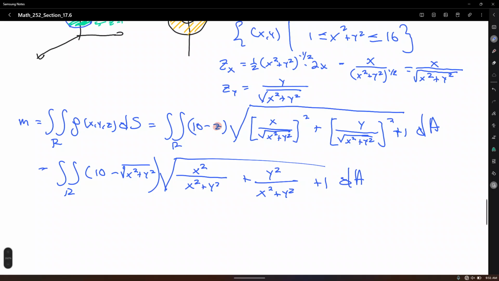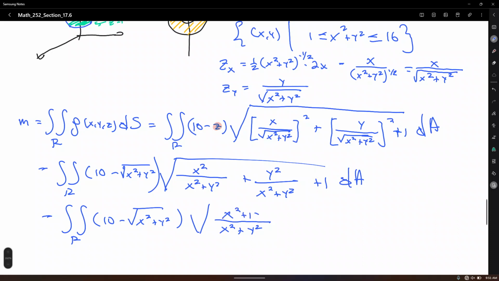Combine fractions, keep the common denominator x squared plus y squared, and perform the indicated operation between the numerators. What is that? X squared plus y squared.